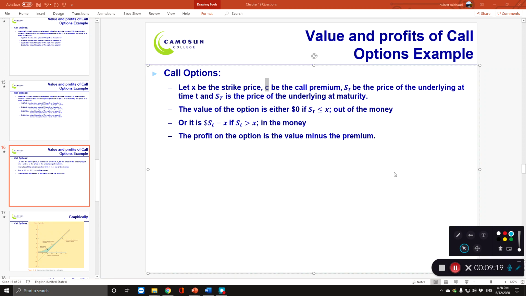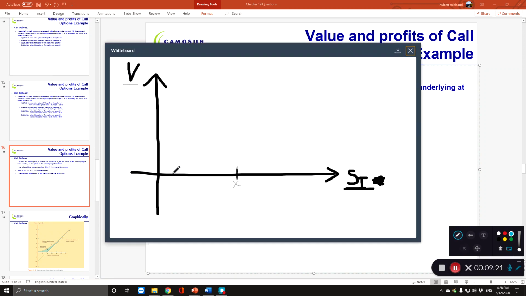Oh yeah, it's 0, right? I probably should have done the other one smaller. I don't know. Let's try it small and see. As long as ST is smaller than X, the value of the option is 0.